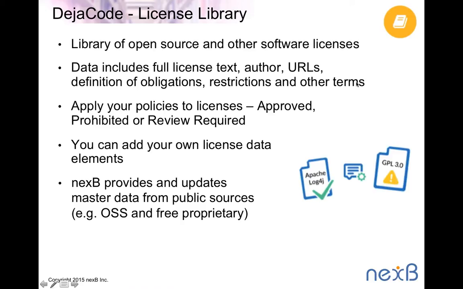So if a coworker or an engineer logs into the system and wants to use a certain software component under a certain software license, the legal group or the business unit can apply a policy, approved, prohibited, or review required, on that license. And Dennis will show how to in a moment.